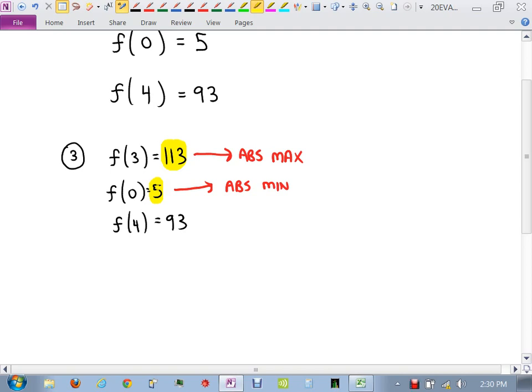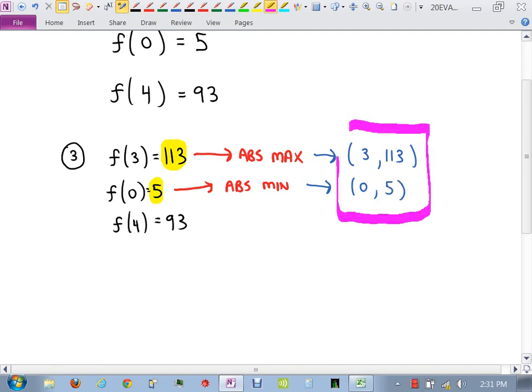Now, it's one thing to tell me what the absolute maximum is and what the absolute minimum is. I prefer for you to be able to tell me what the absolute max and min are as a point. In other words, 3, 113, and 0, 5. This to me is what I would like to see on a test or quiz.